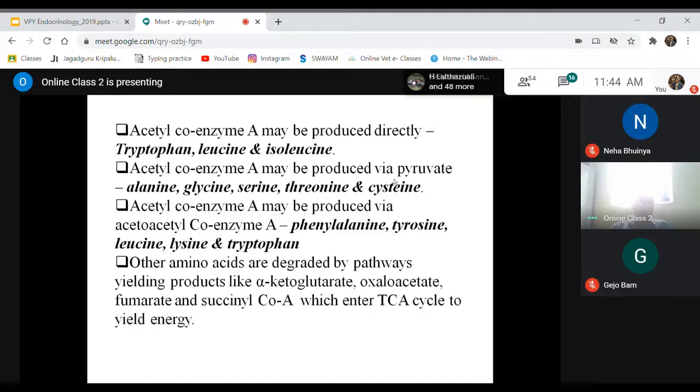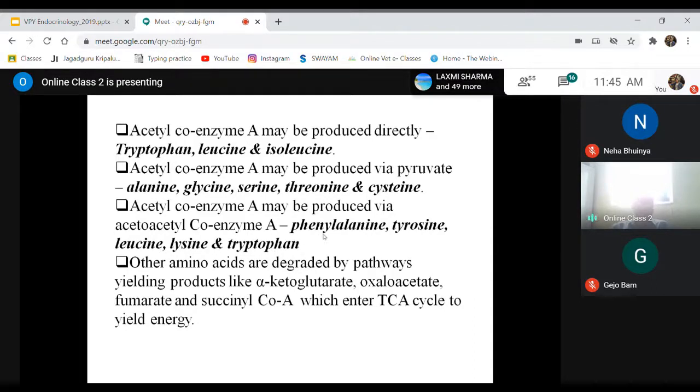But for these amino acids, namely alanine, glycine, serine, threonine, and cysteine, acetyl coenzyme A will be produced via pyruvate. That means when there is oxidative deamination and transamination, there will be production of pyruvate, and then acetyl coenzyme A will be produced.